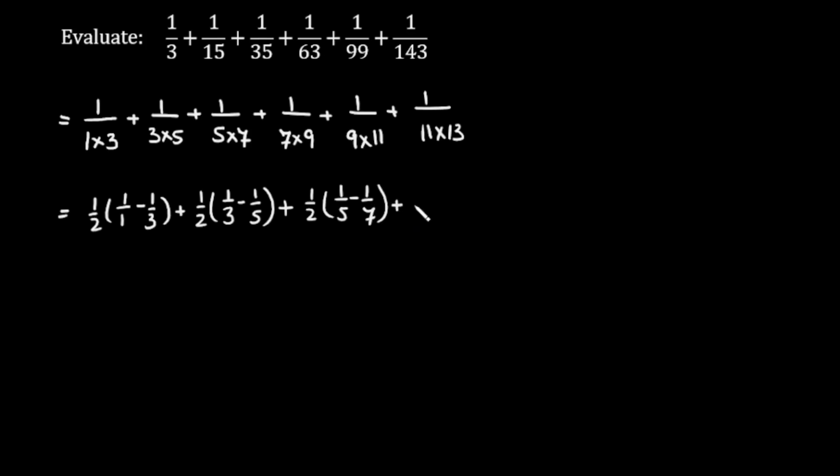I am going to skip the next two terms. So the last term is 1 over 2 inside the bracket 1 over 11 minus 1 over 13.